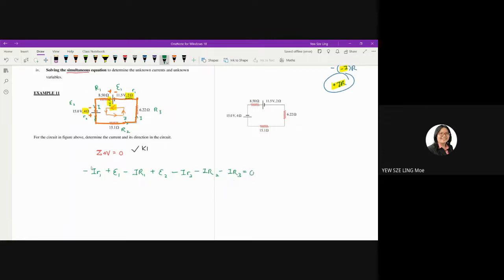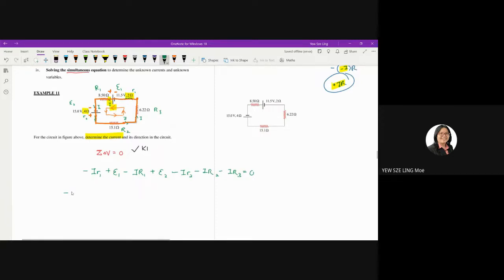So once you have these equations, you can then substitute the values into the equation. Negative I is an unknown because the question asks you to determine the current. So negative I, and then R1, I'm going to write it straight away without brackets.